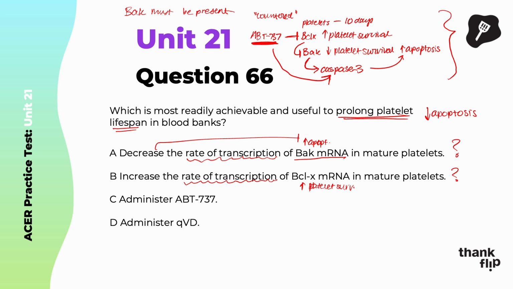Then you have C, which is administer ABT737. Now we know that ABT737 actually enhances caspase 3 activity and results in increased apoptosis. And so this is incorrect. Well, we know that this cannot be correct. And then we have administer QVD.